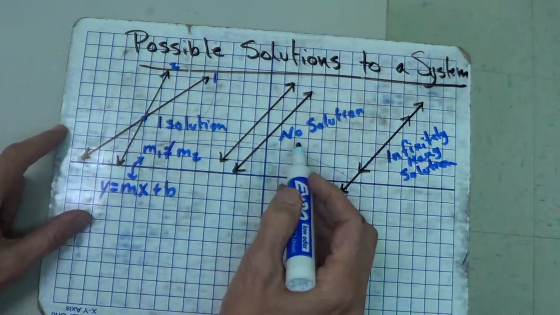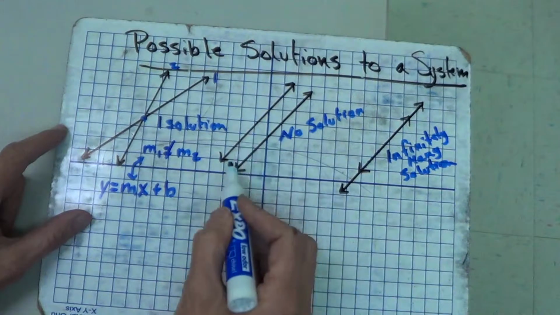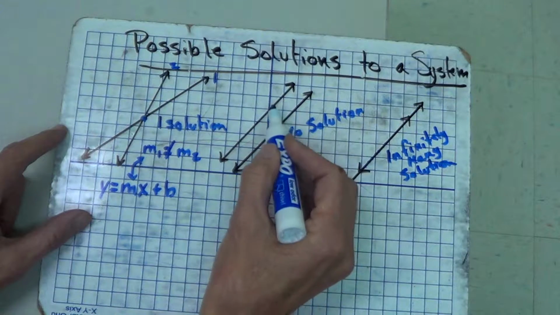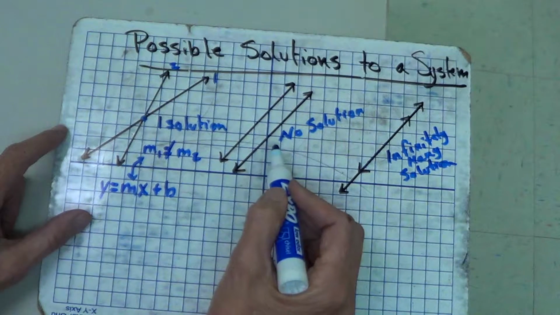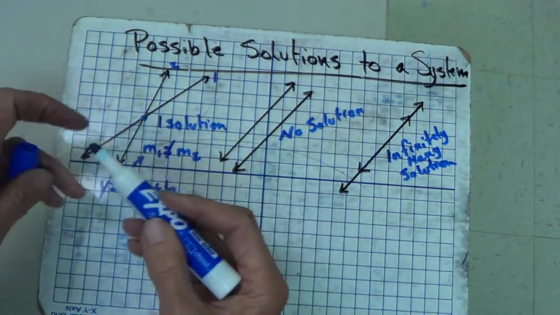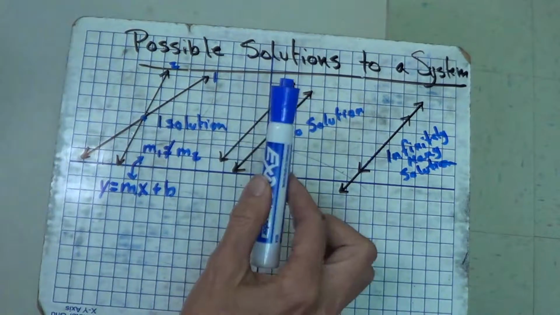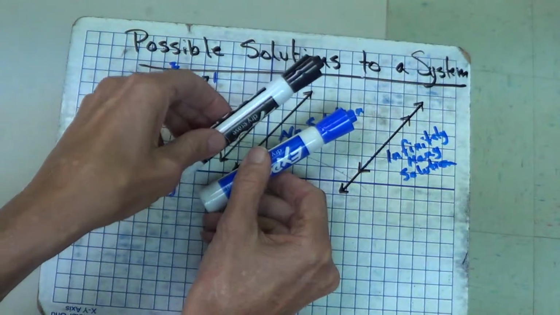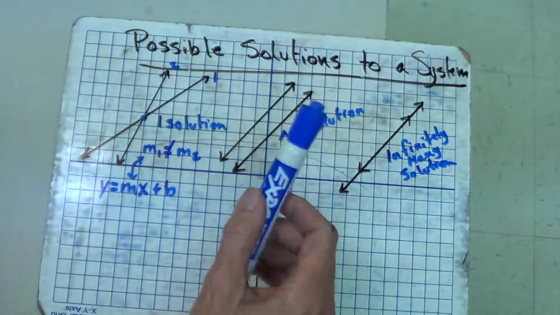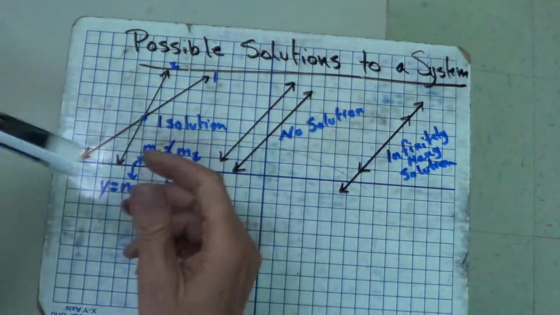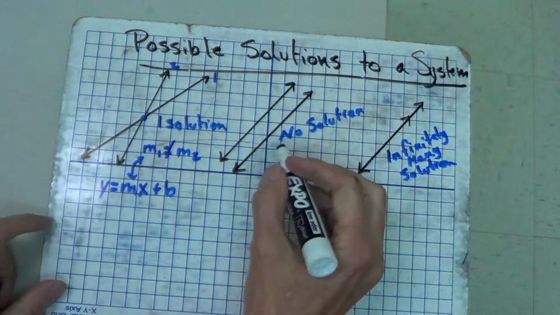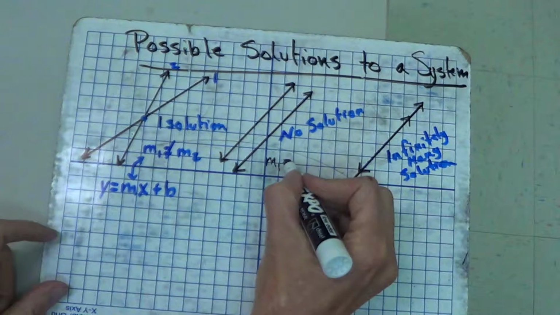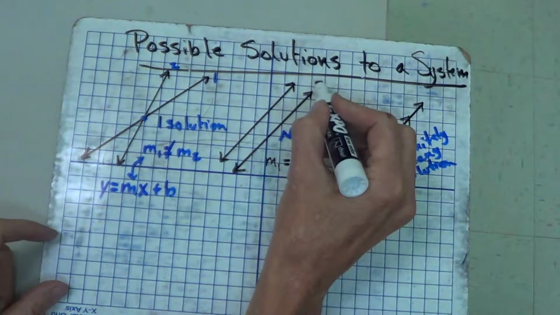Okay, when there's no solution, do you notice how the rise and the run is the same? You rise up, on this one it's about 2 and over 2, or 1, 1. So you rise the same amount. Their slope has to be the same. Because if one line shifts to a different slope, a different rise or run, in order for this one to be parallel, it has to have that same slope. So on this kind, I'm going to write in black, I like that black line better. So on this kind, the slope of line 1 is the same as the slope of line 2.